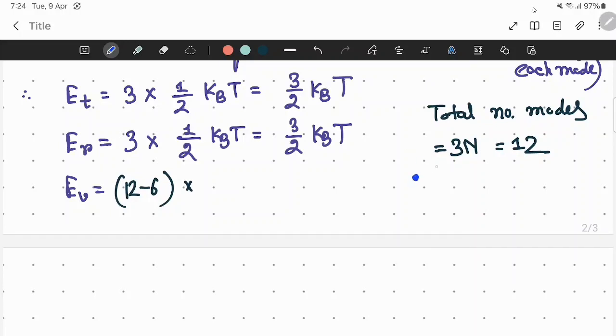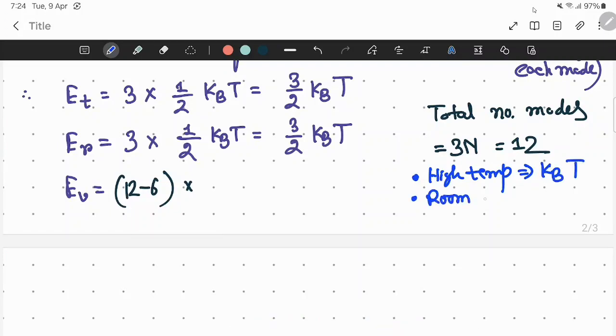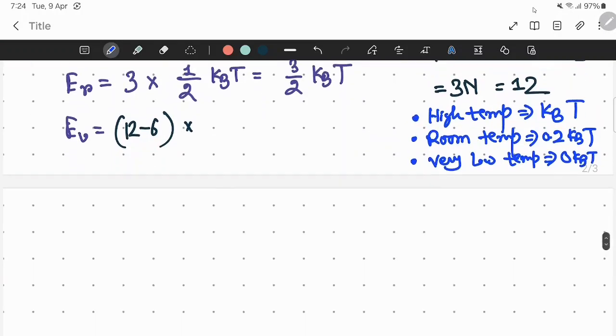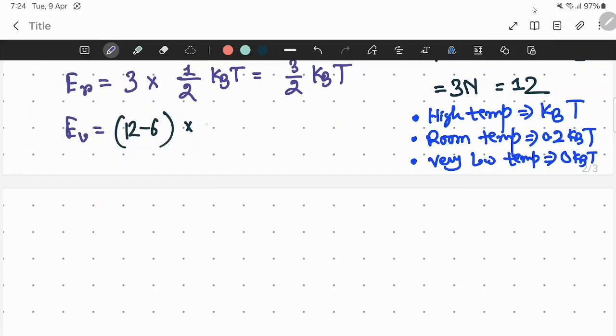At high temperature it is 1 kBT. At room temperature, the energy of each mode is 0.2 kBT. And at very low temperature, it is 0 kBT. So if it is high temperature, let's say, it will be 6 kBT.